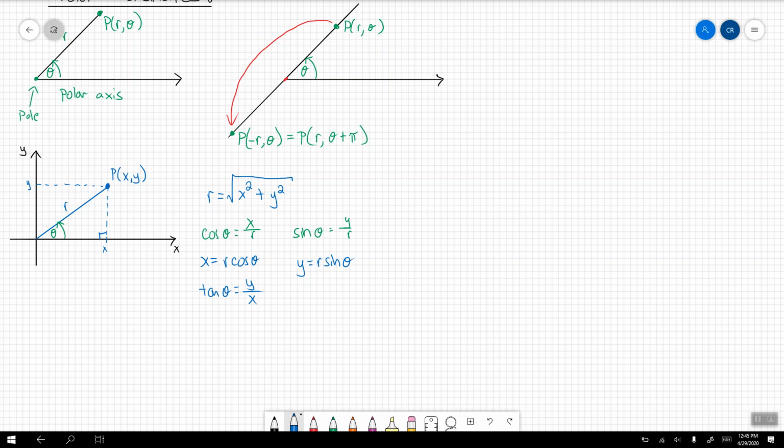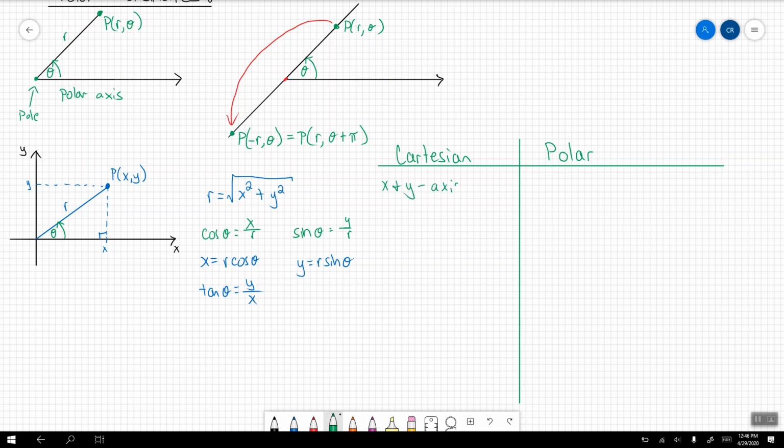Awesome. So let's identify a little bit more differences between Cartesian and polar coordinates. Here I have this grid, and I'm just going to identify some of the differences for the Cartesian coordinate system and for the polar coordinate system. On the Cartesian coordinate system, we have an x and y axis. Under the polar coordinate, we do not have an x and y axis.